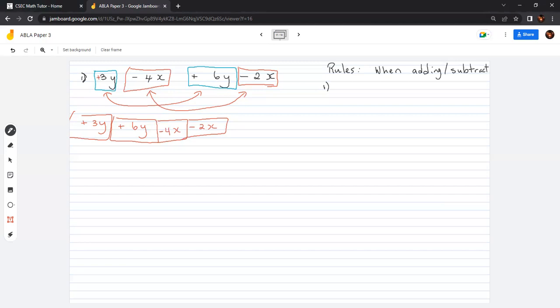One, if we have two same signs, the rule is we add like normal and keep the sign.